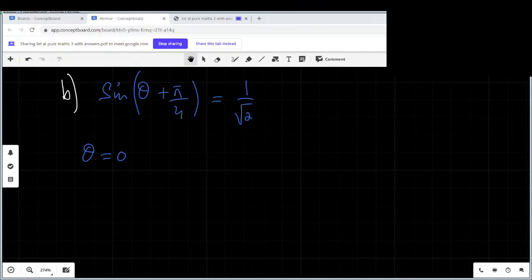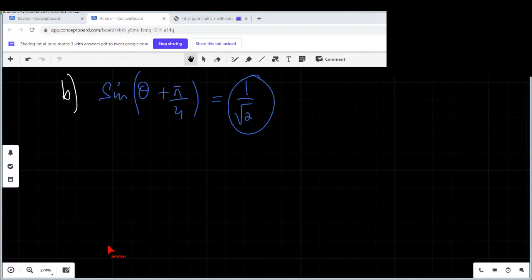If I take theta as pi by 4, then theta as pi by 2, I get the relevant values for this.